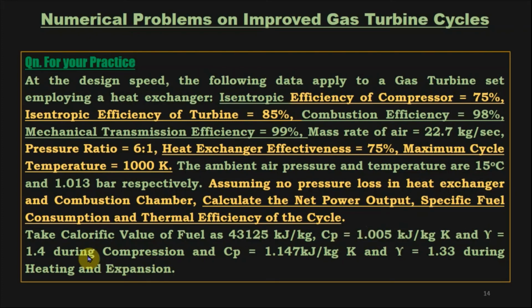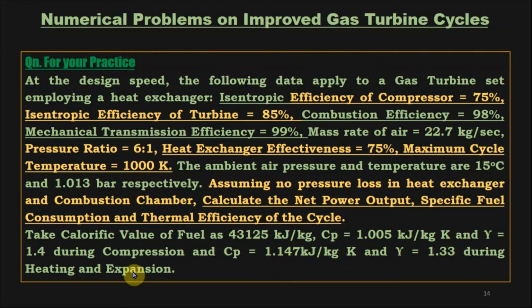Cp of air and gamma for air is this value, and Cp of gas and gamma for the gas after combustion, that is Cp of gas mixture and gamma for the mixture of hot gases evolved out of combustion, is 1.147 kilojoule per kilogram Kelvin, and the corresponding gamma value for the gas is 1.33.